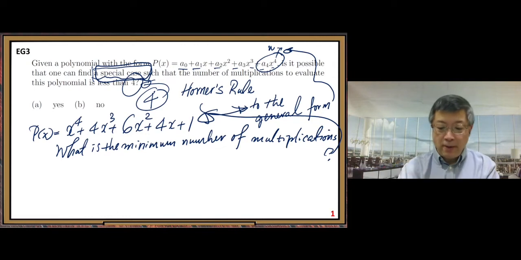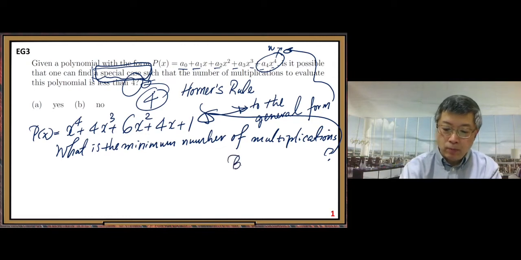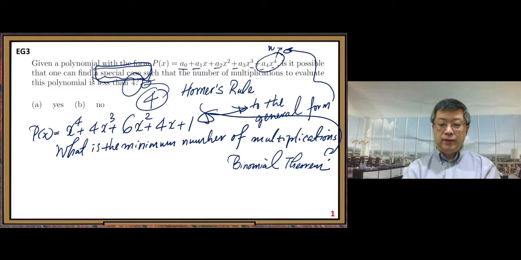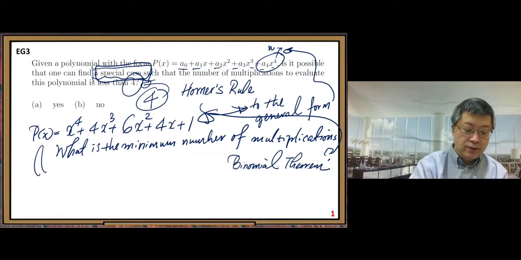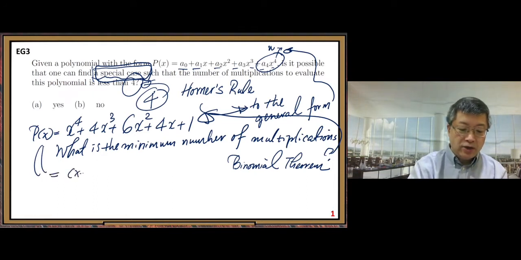By the binomial theorem, we can write this formula as x plus 1 to the 4th power.